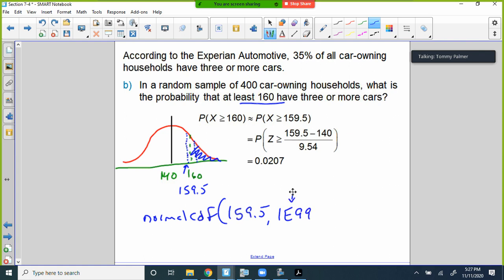That E is the second comma button, right? And then, of course, 140, and our standard deviation happens to be 9.5394, close parentheses. And again, the calculator gives you this, while they're looking at the table, right? So tens, hundreds, thousands. So a 2 thousandths difference, right? And if you look at that, that's not bad.